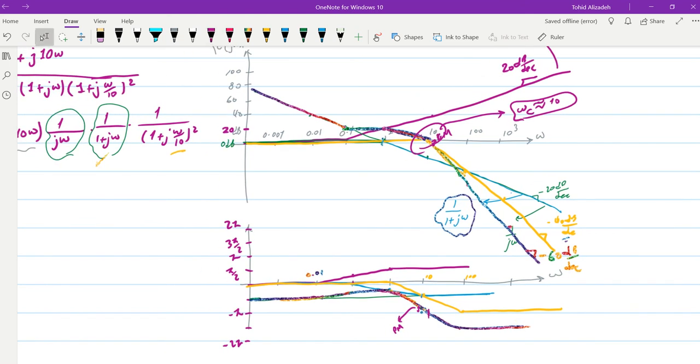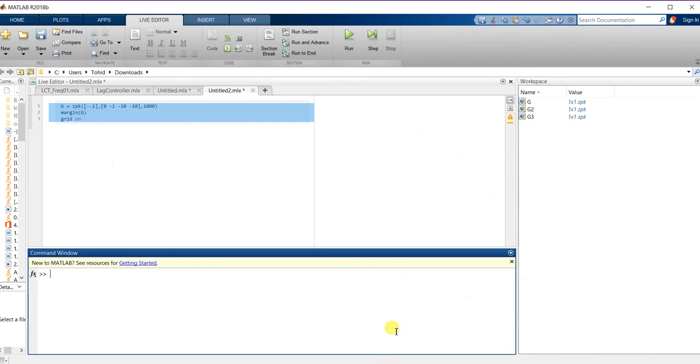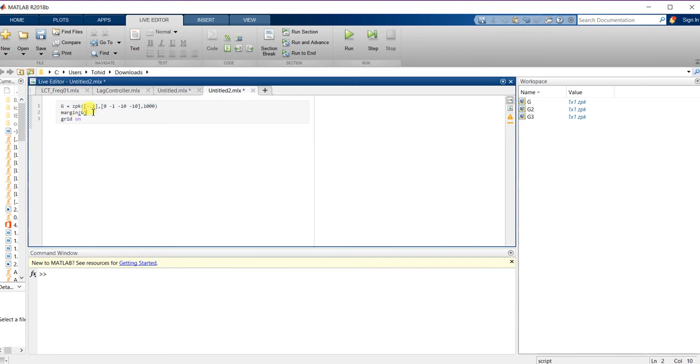Okay, so let's plot the bode plot for the system using Matlab. I have the system declared here in the form of a zero pole gain, ZPK. We have 0 at minus 0.1. The poles are here, and as for the gain, we have 1000. It is important to keep in mind that in this format we will have gain equal to 1000.